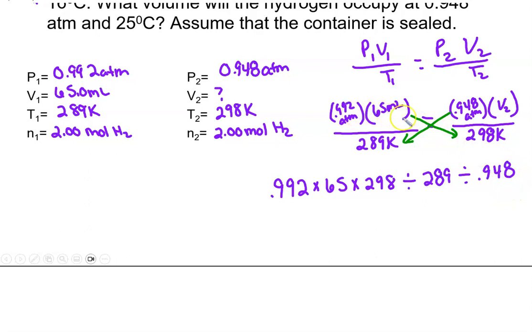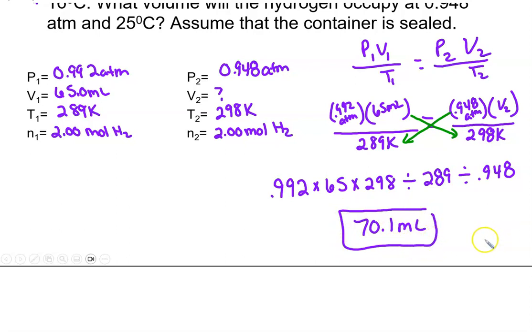So I multiplied the three that don't have the variable, and I divided by each of those one at a time. I'm lazy. I don't want to have to worry about parentheses or anything like that. You can get your answer and you can check it by plugging it back in. But we'll do three significant digits, and so our answer would be 70.1 milliliters. So that is our answer.